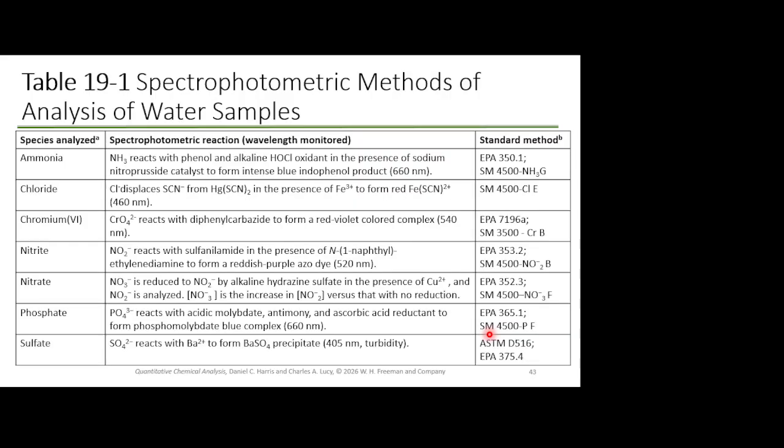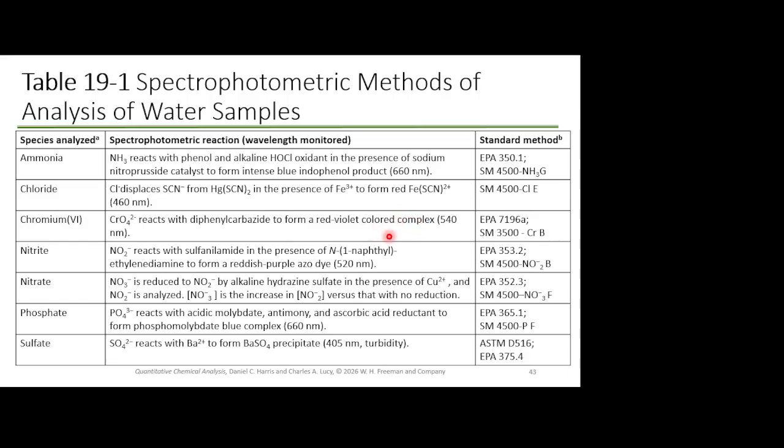All right. So this right here is the spectrophotometric methods for analyzing water samples. These are different species that you're analyzing, and this is the reaction you're looking at and the wavelength you're monitoring. And that's your standard method here. So for example, chromium reacts with diphenyl carbazide to form a red-violet colored complex at 540 nanometers.